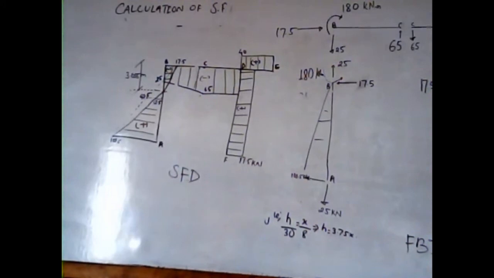So 42.5 kilonewton is upward, and you have 12.5 below that. So the curve shall be moving from the below direction as shown in the figure, and the curve changing point will be at a distance of 3.055 from point B as shown in the figure. All the other things are drawn as per the previous part.